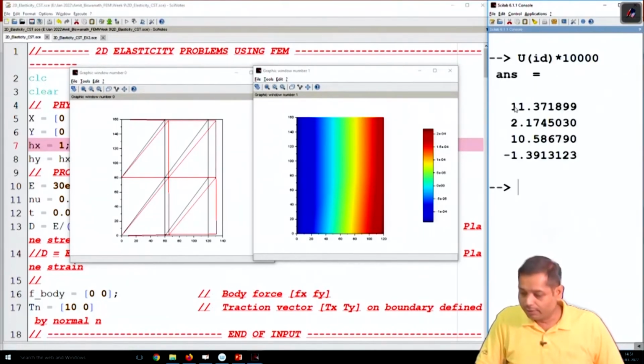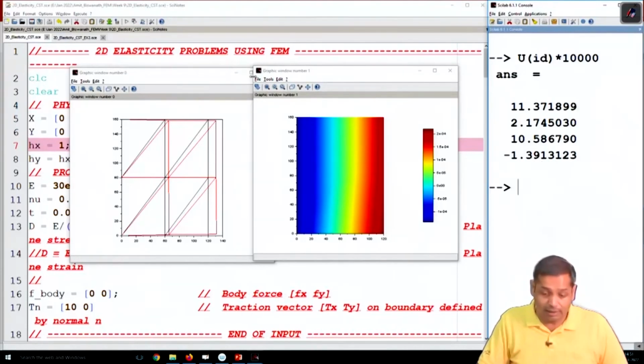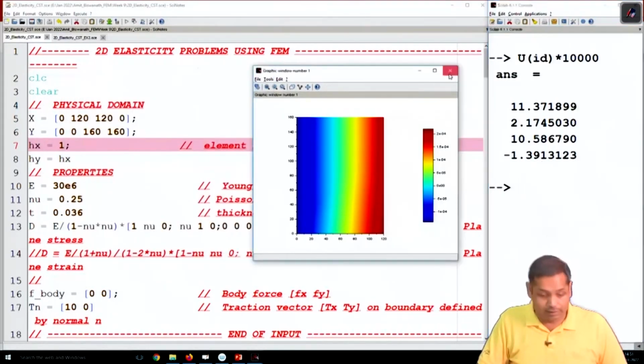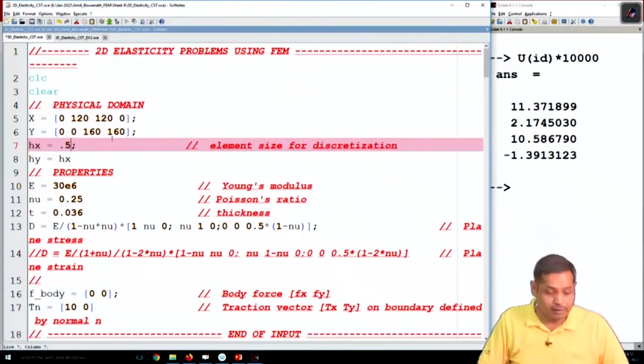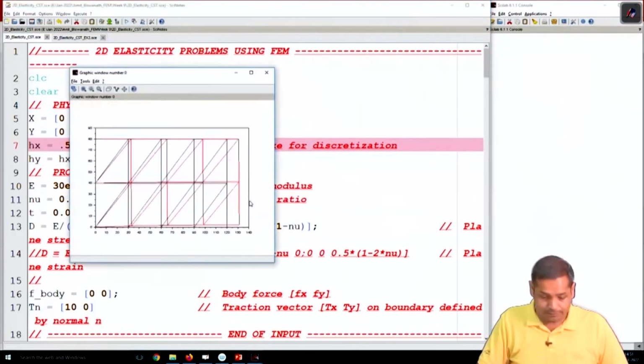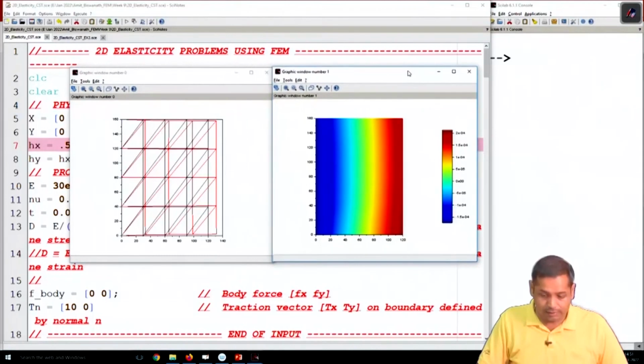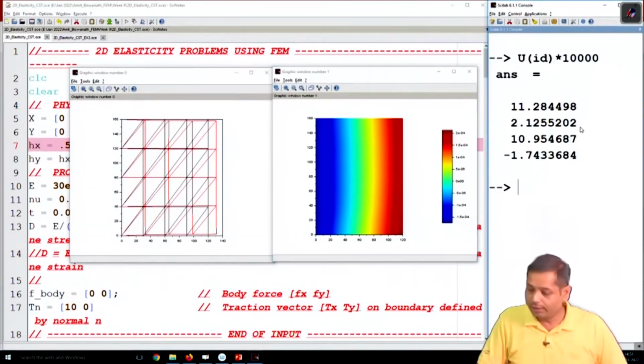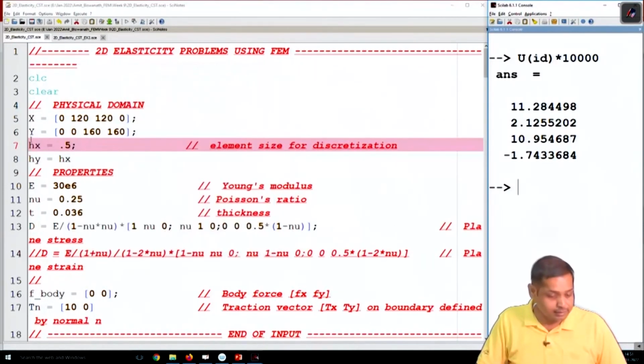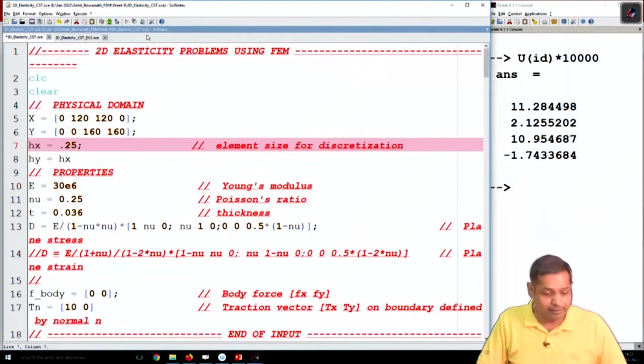This is 11.37, this is 10.58, 1.39; the discrepancy is still there. Let us further increase the number of elements and then check. The discrepancy is still there, this one and this one, and then we increase the number of elements again.